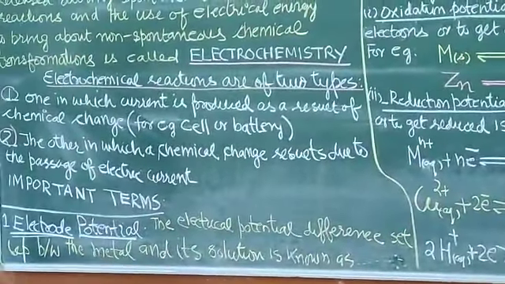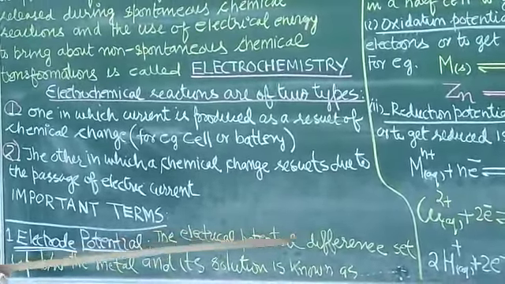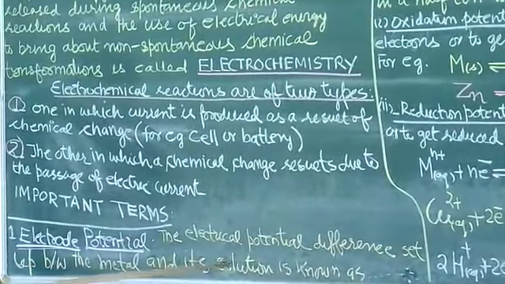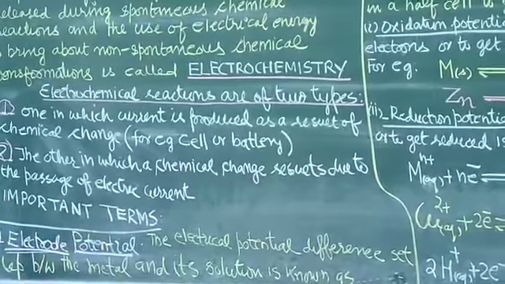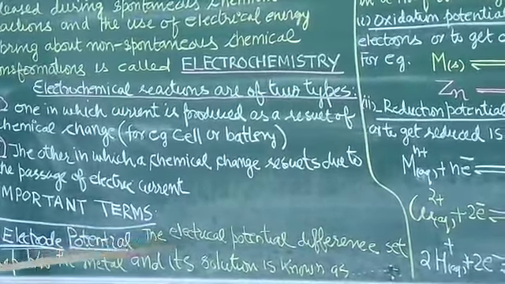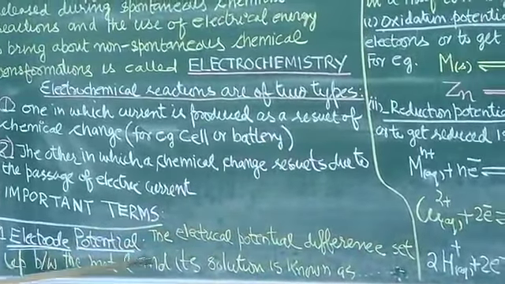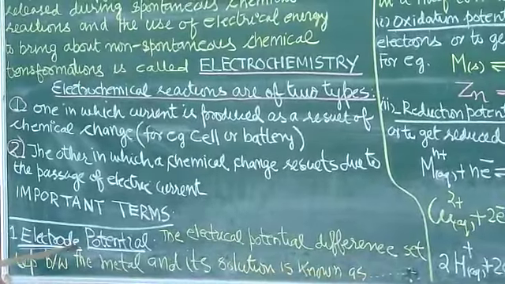What is electrode potential? The electrical potential difference set up between the metal and its solution is known as electrode potential. I repeat, the electrical potential difference set up between the metal and its solution is known as electrode potential.